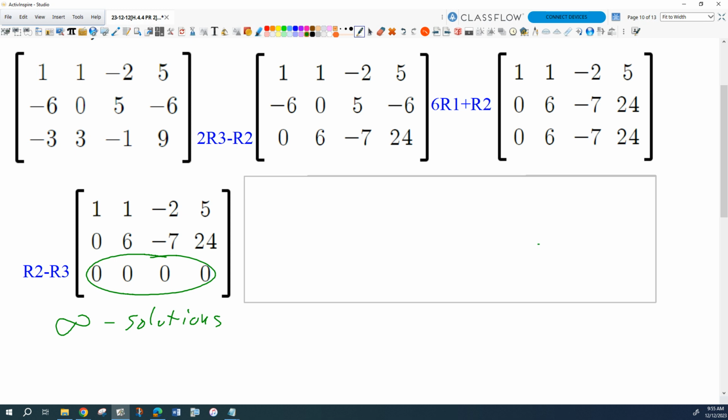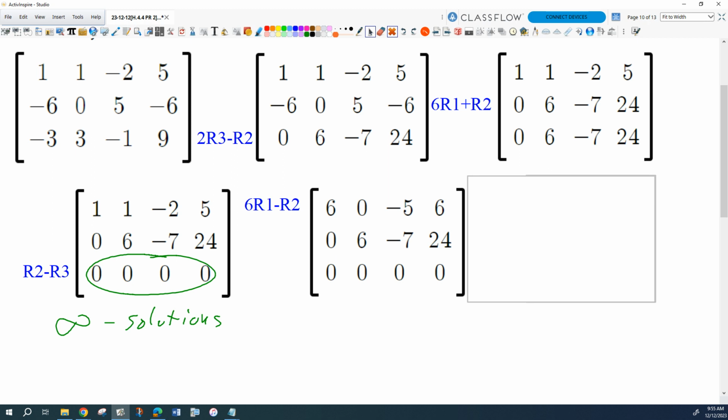So what if I did 6 times row 1? Actually, that's good. If we do 6 times row 1 minus row 2, what's that going to accomplish? That's going to give me a 0 there, isn't it? Anybody see that? Okay.